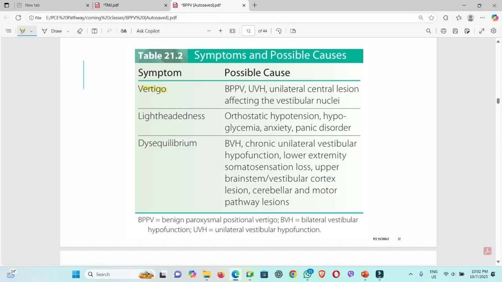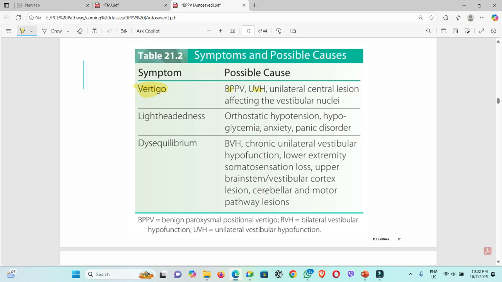Vertigo patient. If they ask you in the exam, the patient complains of vertigo, then you should think, okay, it could be BPPV, it could be UVH, it could be a unilateral central lesion affecting vestibular nuclei. It cannot be orthostatic hypotension.